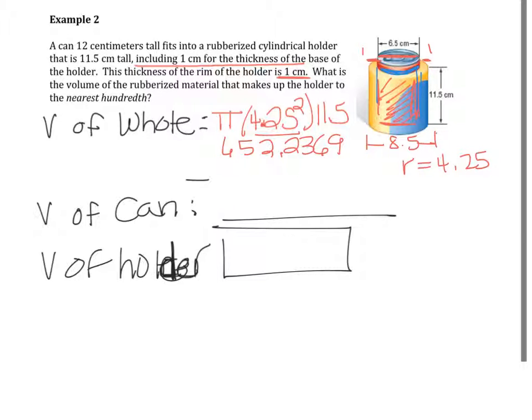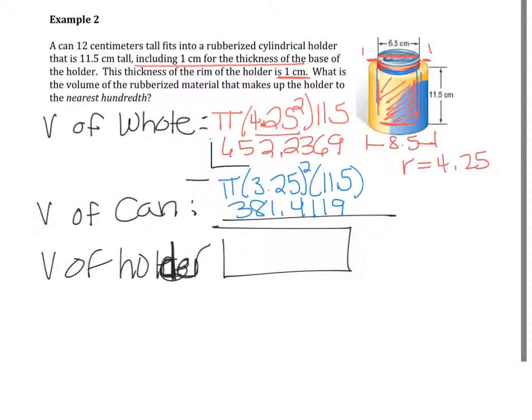I am going to use the diameter of 6.5, so you take 1/2 of that to get the radius, and we're going to get pi times 3.25 squared times 11.5. And that's a product of 381.4119.